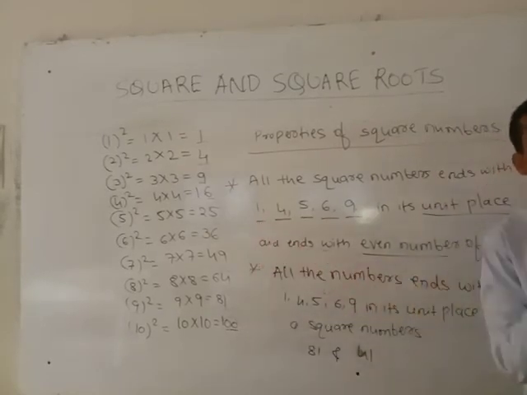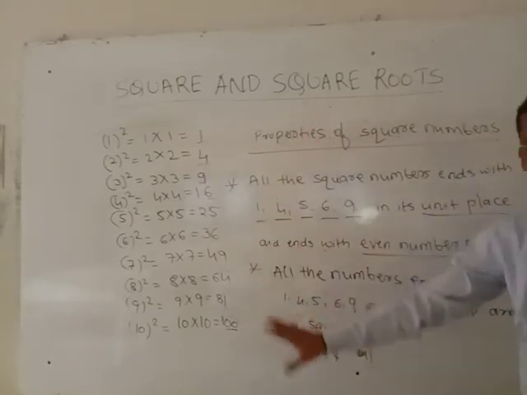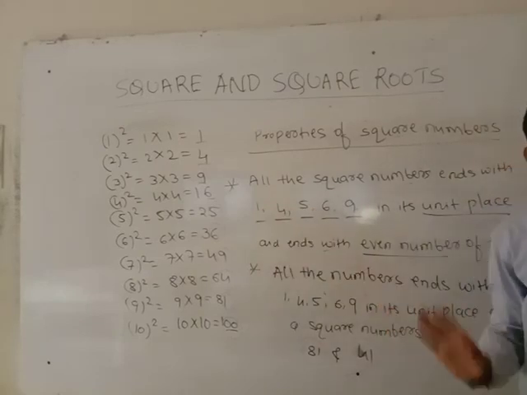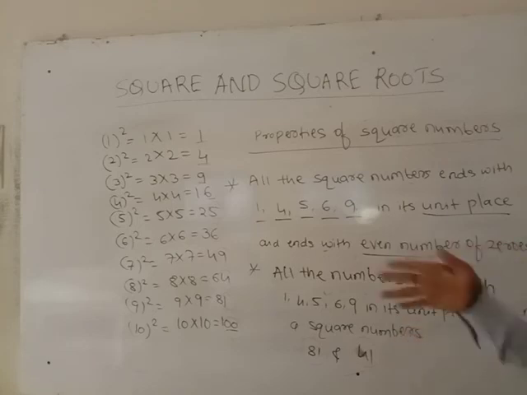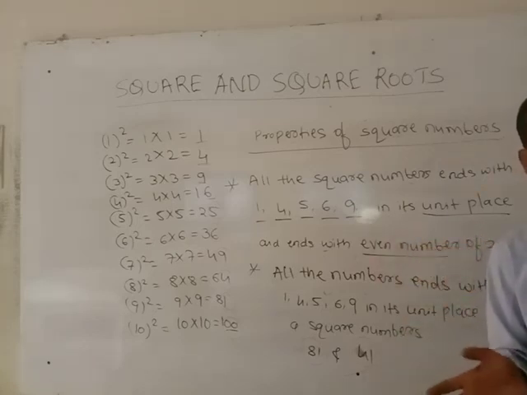That is what you have to concentrate on. But don't think that if any number has 1, 4, 5, 6, 9 in its unit place, then it is a square number. It may be square, it may not be square. It is a probability.